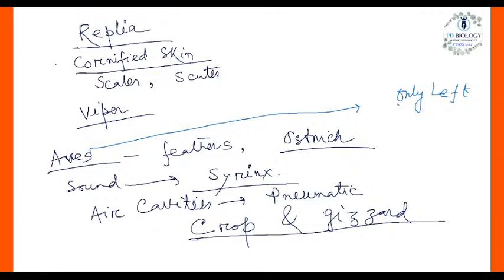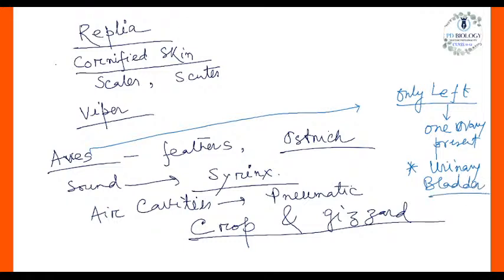In left, one ovary is present and absence of urinary bladder for their help in flight adaptation in birds.